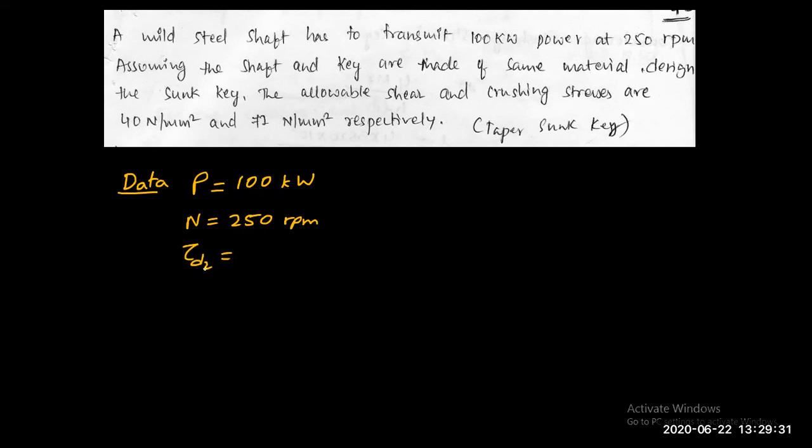In the data handbook D2 is written separately, so don't get confused with that. That's a small error. So tau D2 is 40 newtons per mm square, and crushing stress sigma b dash is 72 newtons per mm square.